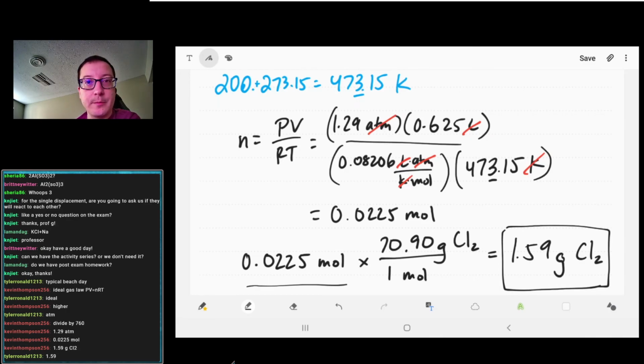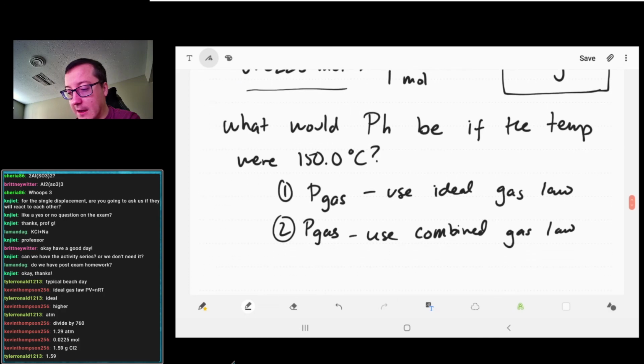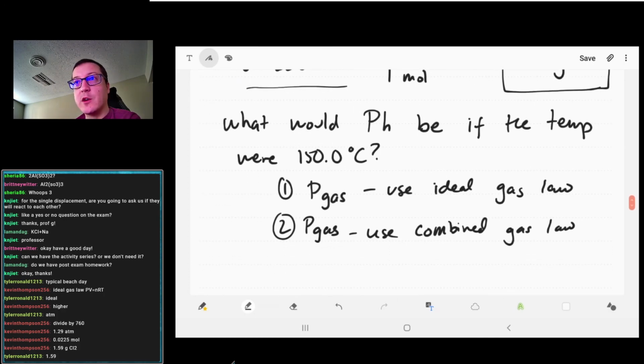That would work. Or we could use the combined gas law, which I would think is probably a better idea. While the first one will work, it's one calculation, you're good to go, easy. However, using the first option would also make the assumption that we did not mess anything up in our first problem.